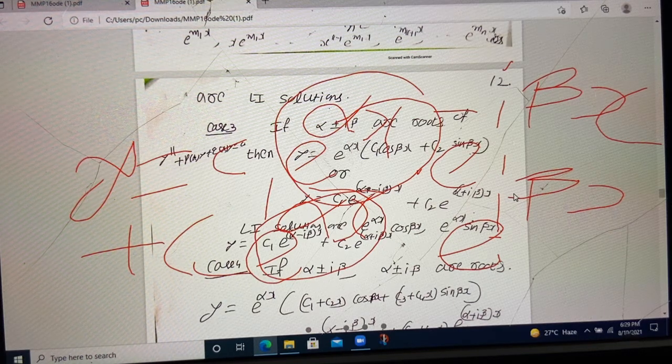You know, e to the power of i theta is cos theta plus i sin theta, and e to the power of minus i theta is cos theta minus i sin theta.